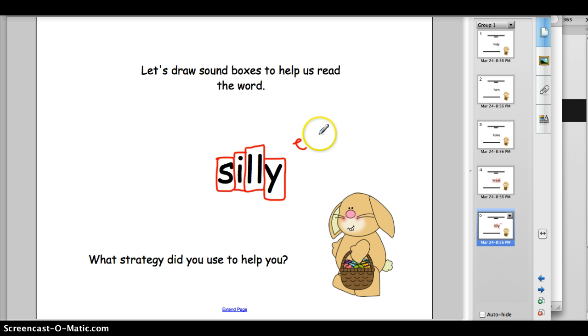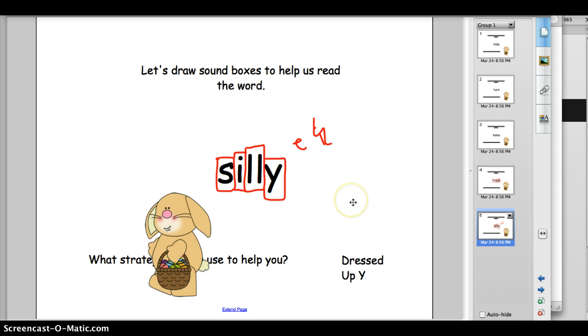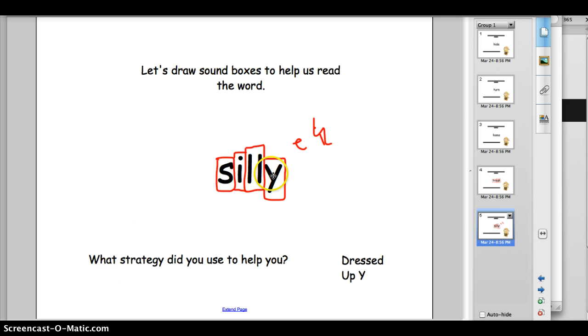It'll either make the E sound or the I sound. So we're going to try both. S, L, I, still I? Nope. S, L, E. Silly, the E sound works. And we call that dressed up Y because the Y dresses up as either an E or I.